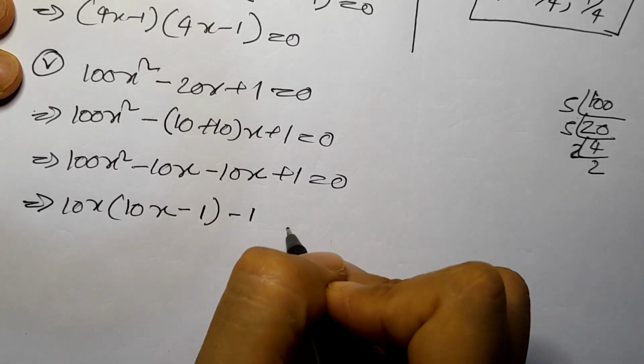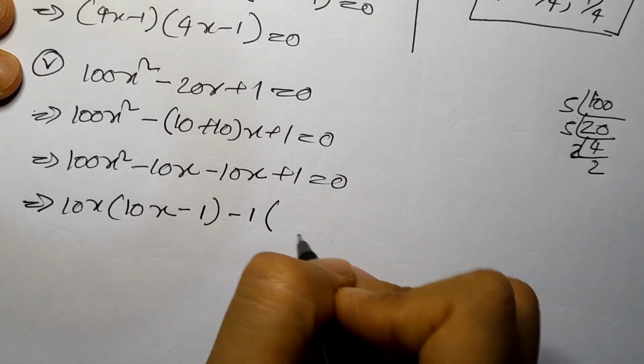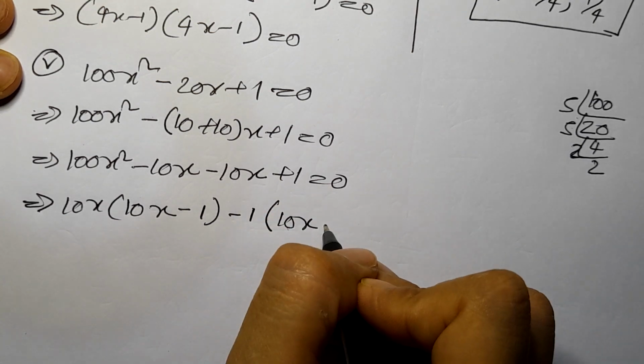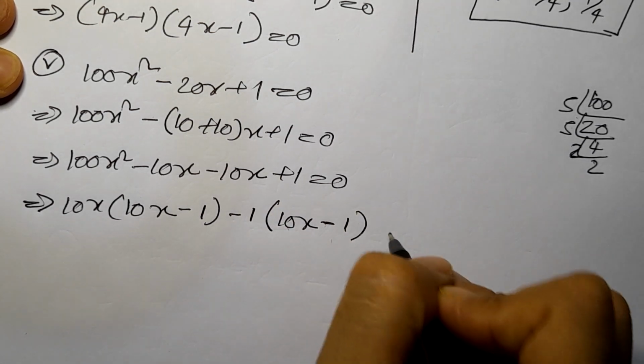Minus 1 will be common, minus into minus is plus, so it will be 10x minus 1 equal to 0.